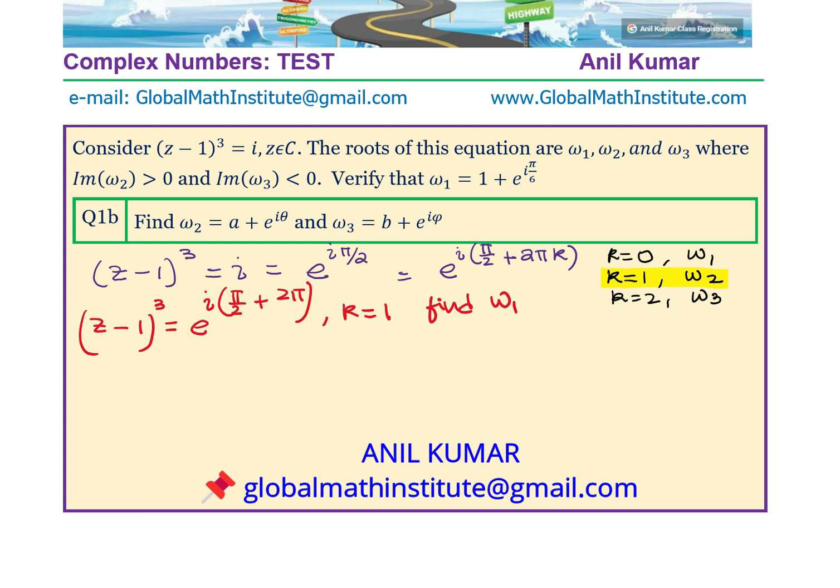So z minus 1 will be equal to what? We'll do the cube root of this, right? e to the power of i (pi by 6 plus 2 pi by 3), which is e to the power of i, and when you combine them, you get 4 plus 1, 5 pi by 6.